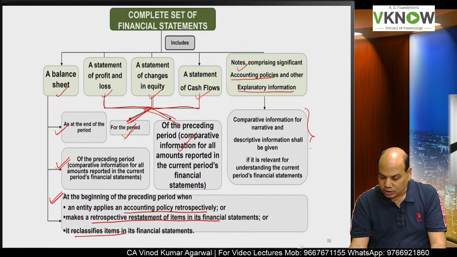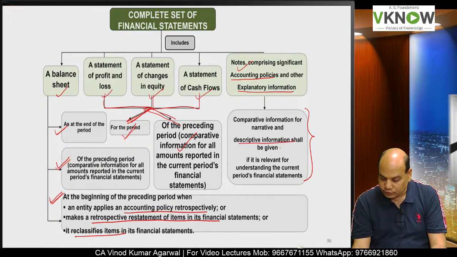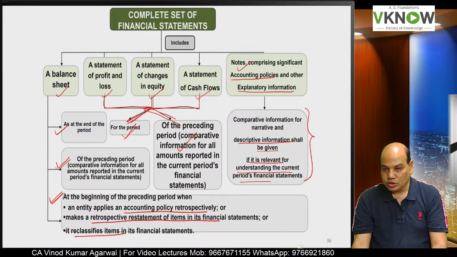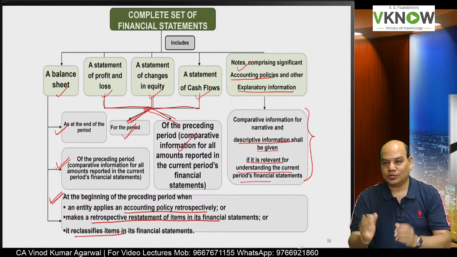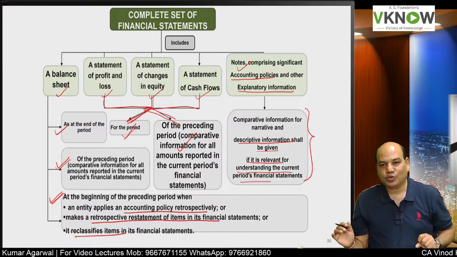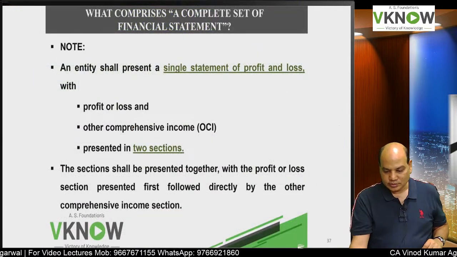And notes will contain narrative information, description of information, if it is relevant for understanding the current period's financial statements. Okay, so this is what you have to do as a company accountant. These are the statements you will have to prepare if you work in the finance department.